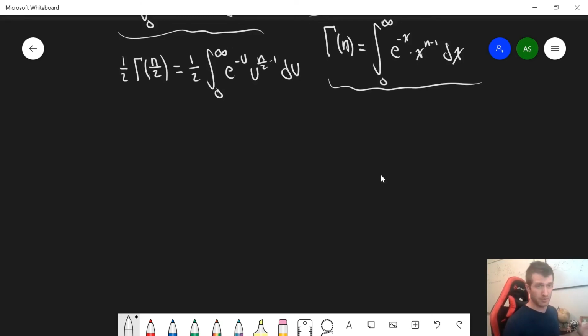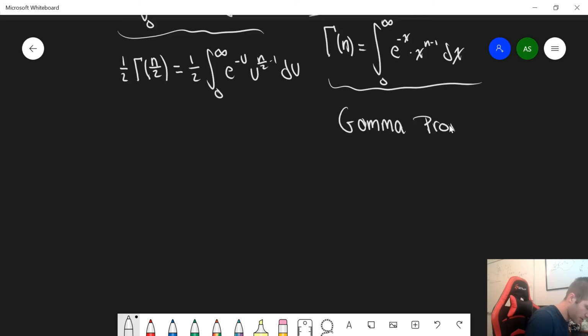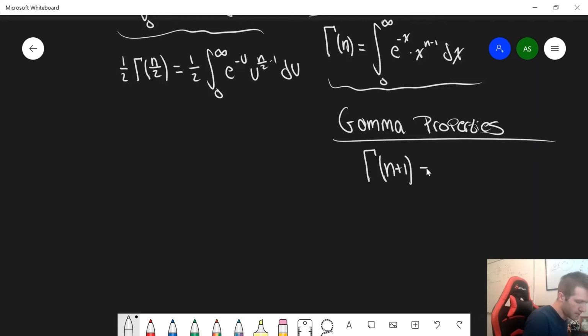the factorial numbers, and there's also another key property. So, gamma properties: that tells you the gamma of n plus 1 is equal to n times gamma of n.